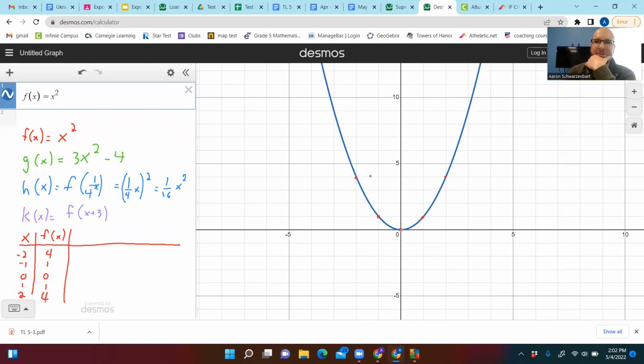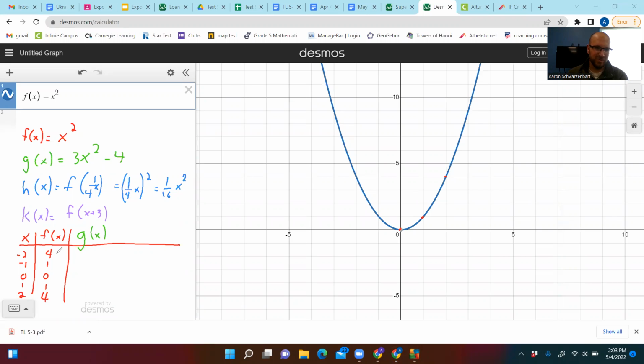To do g of x, now I'm doing 3 times x squared. So I'm going to multiply this by 3 and then subtract 4.